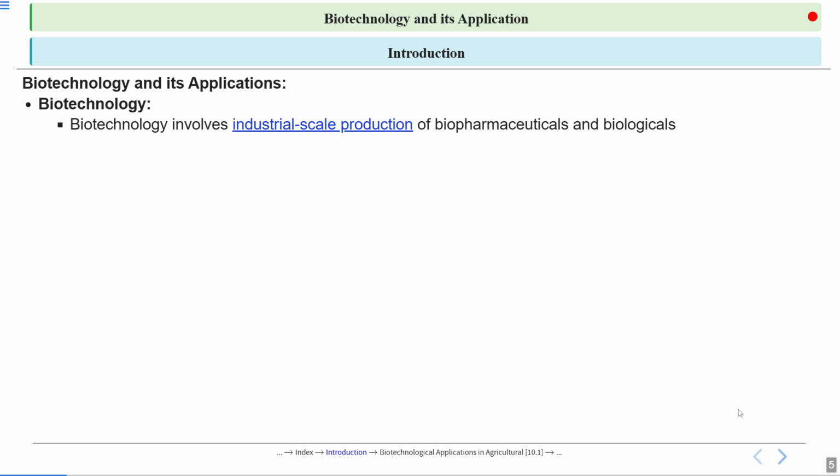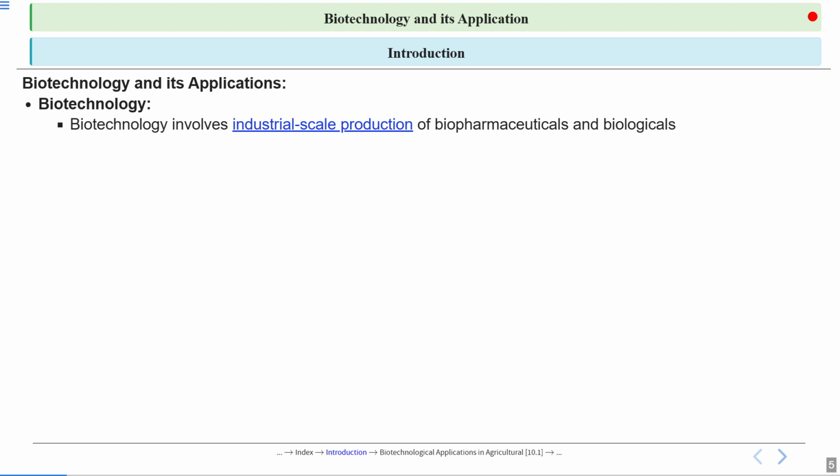Biotechnology involves industrial scale production of biopharmaceuticals and biologicals. What does this mean? This means, like in the last chapter we studied, how we can alter the genetic material of an organism to yield a new product.